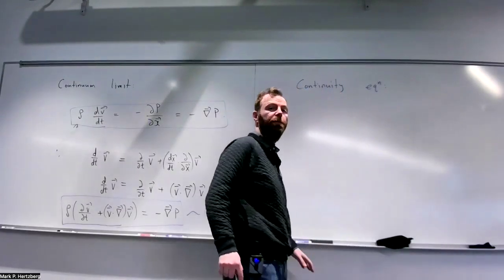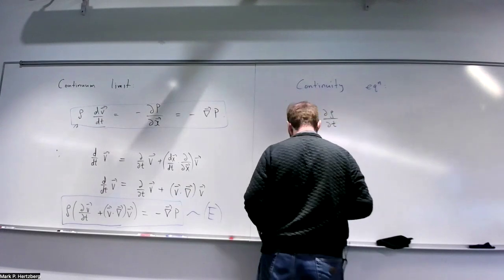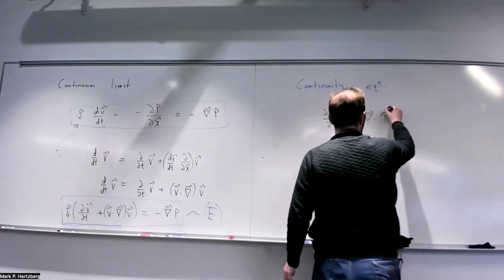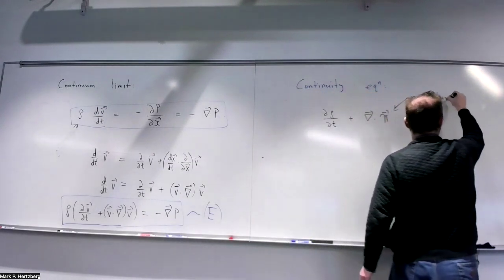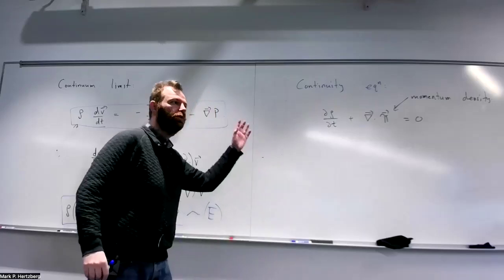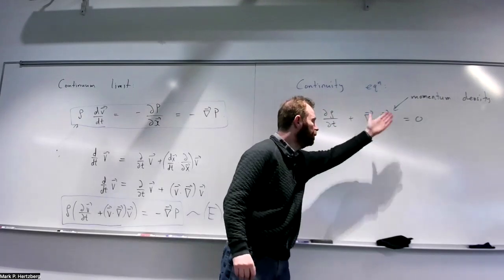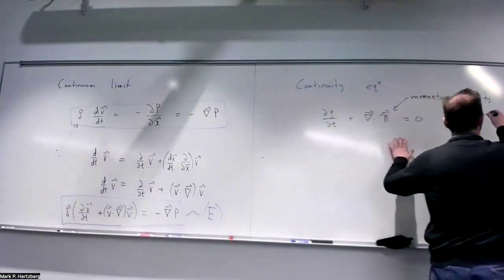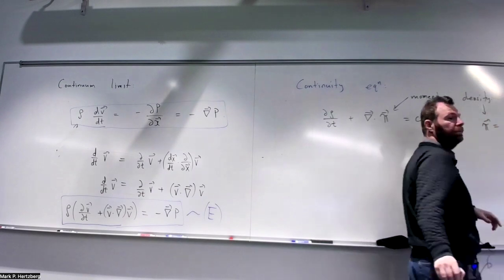We have a law of local mass conservation, which you can write as d rho/dt plus something we talked about earlier on in the course. You could take the divergence of pi, the momentum density. Stated that way, this equation is true whether you refer to the energy density in the full relativistic theory or the mass density and you pick up the non-relativistic momentum density. But the momentum density pi is just the mass density times velocity, right?